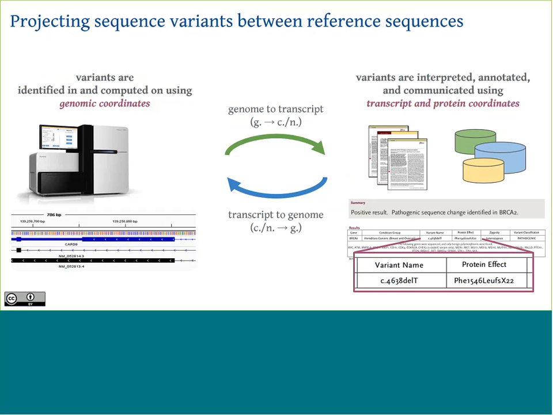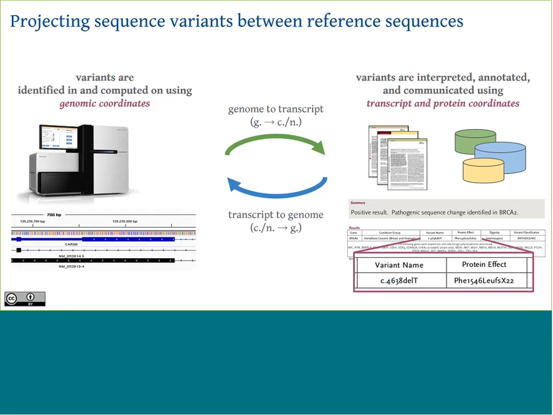With HGVS, especially from a curator's point of view, it comes into play when we have to project or transfer a variant that's discovered in genomic coordinates into a variant that is represented in either transcript or protein coordinates. I think this is probably the place that most people really start using HGVS.